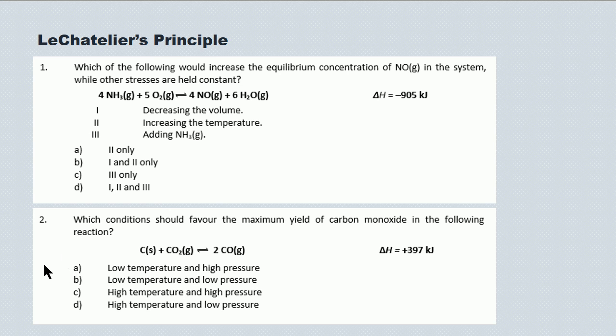A and B are out. Then the question is one of pressure. You'll see I've got 1 gas phase particle on the left and 2 gas phase particles on the right. If I reduce pressure, the system is going to shift to the right to increase the number of particles to reestablish the original pressure. So the answer is high temperature and low pressure. The answer is D.